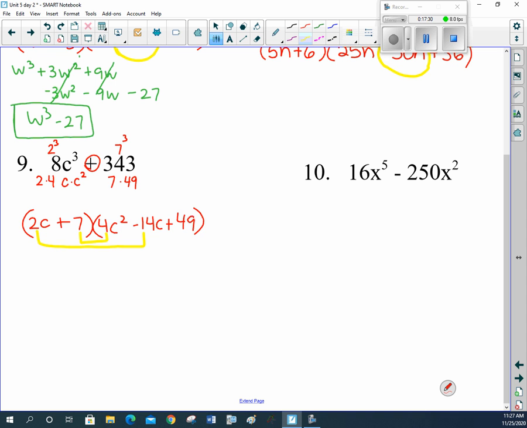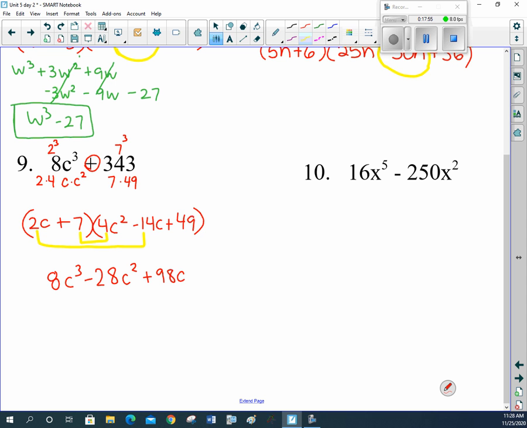Okay, should we check and see if it's right? 2c squared times 4c squared is 8c to the third. 2c times negative 14c is negative 28c squared. 2c times 49 is 98c.